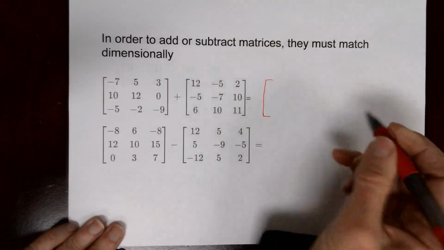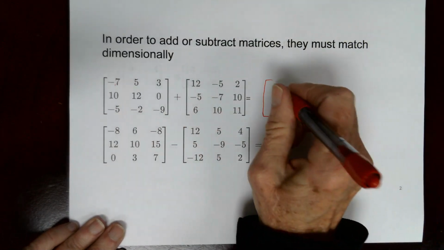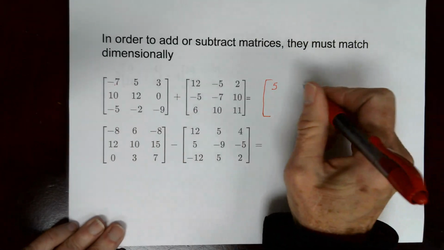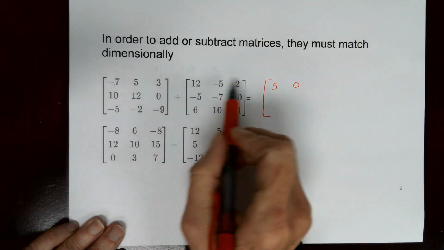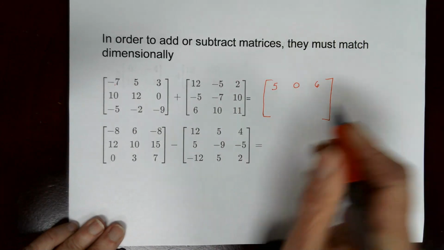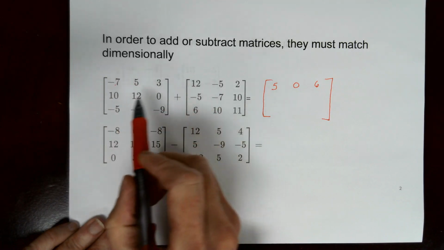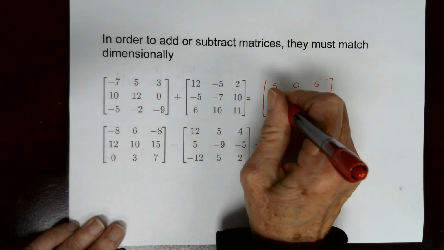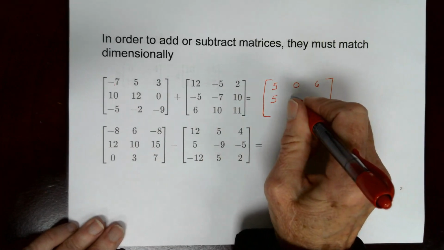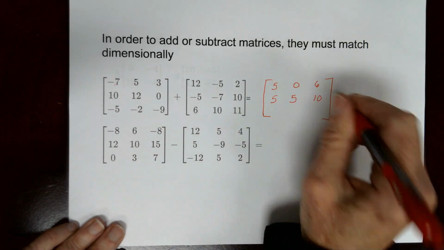The resulting matrix will also be a 3 by 3, so negative 7 plus 12 is a positive 5, and then 5 plus negative 5 is a 0, 3 plus 3 is a 6, so you can see how you're taking the same location and adding it to the same location of the other matrix. 10 plus negative 5 is 5, 12 plus negative 7 is positive 5, 0 plus 10 is 10.